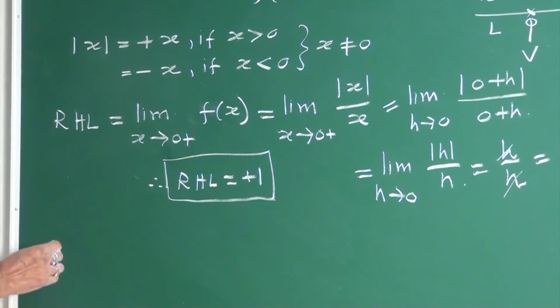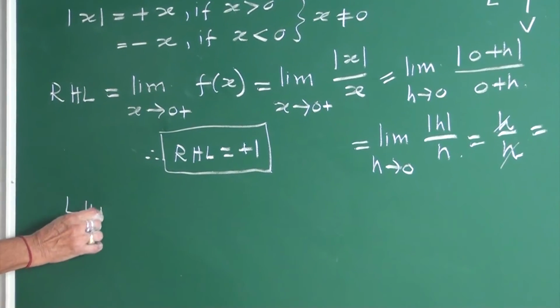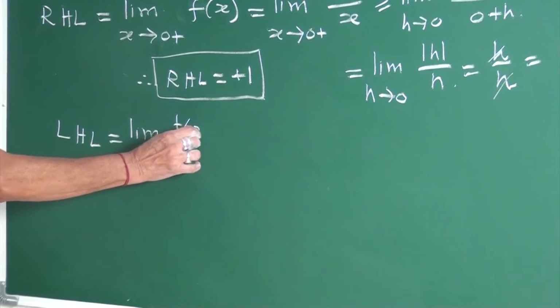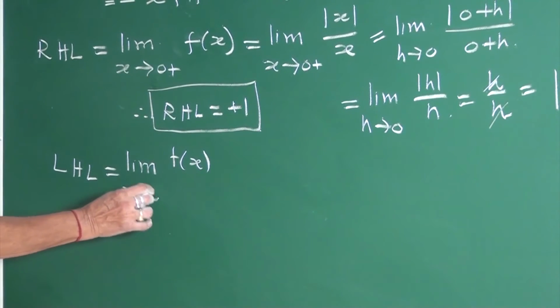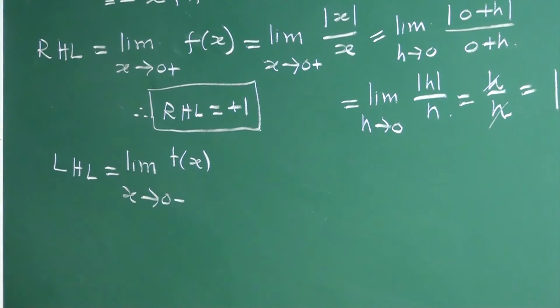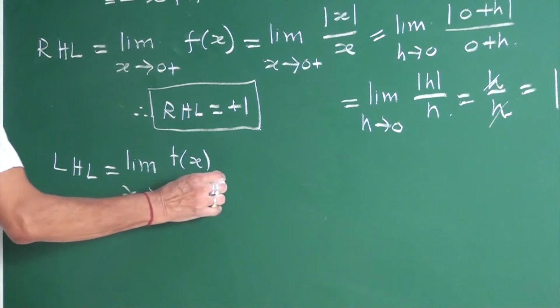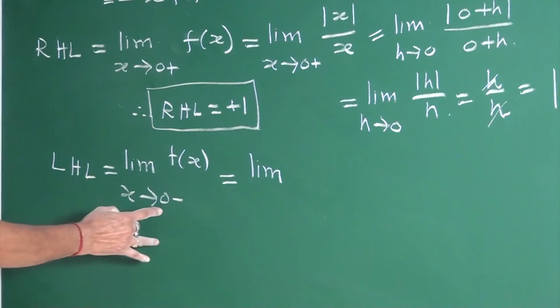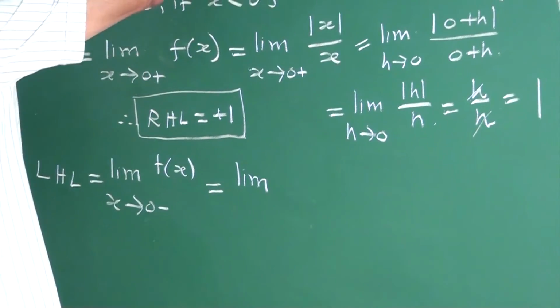Next is LHL. This is the limit of f(x) as x tends to 0 minus. Yes, my friend, and this is not equal to 0. Not equal to 0 means what is your f(x)?